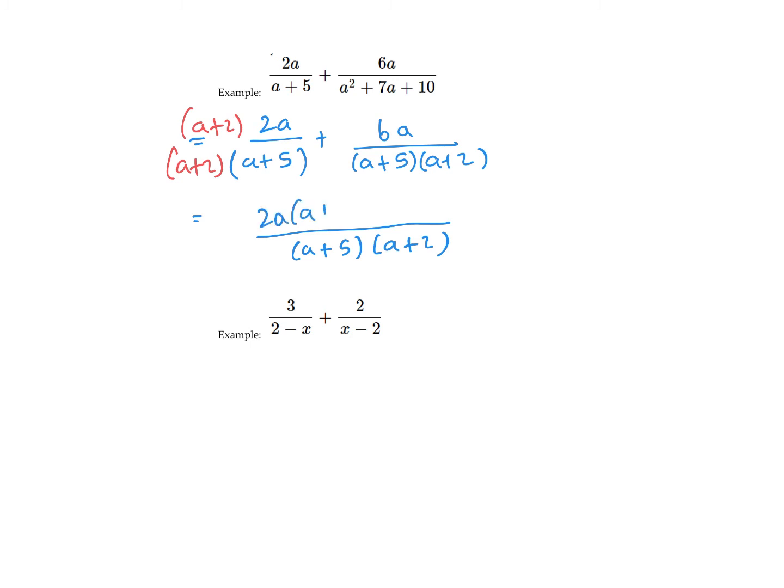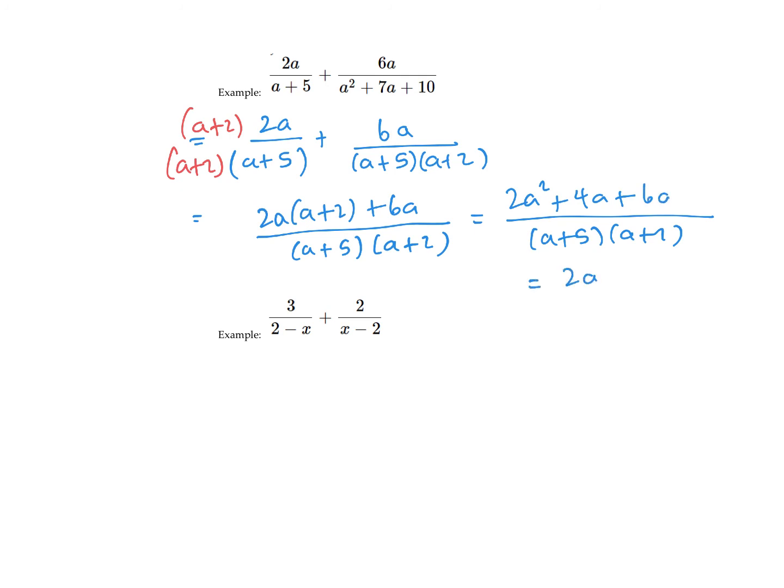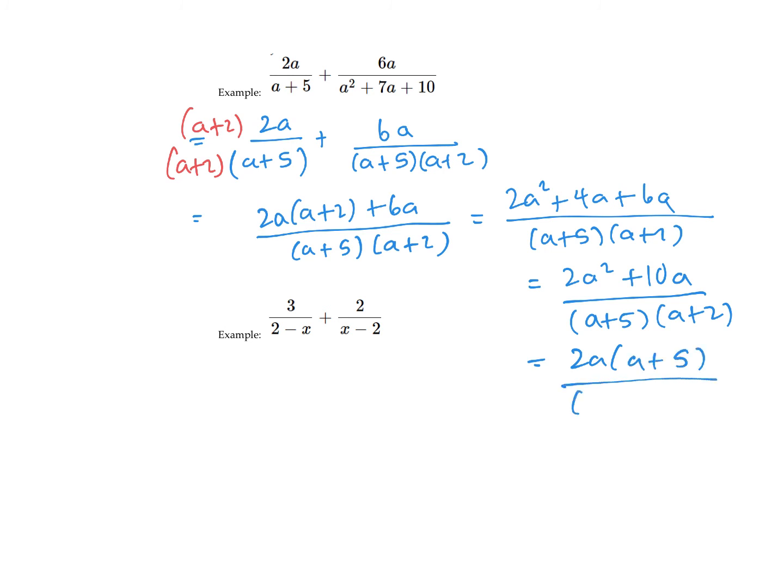So we're going to have 2a times a plus 2 plus 6a. So we will have 2a squared plus 4a plus 6a. And I see there's a common 2a, so let's take that out, and that would leave me with a plus 5, which I can then reduce with this term in the denominator.